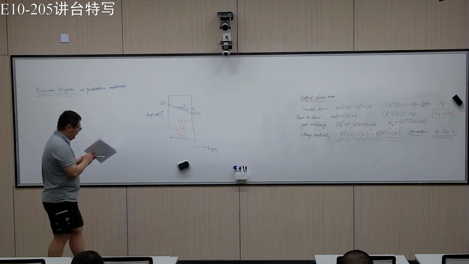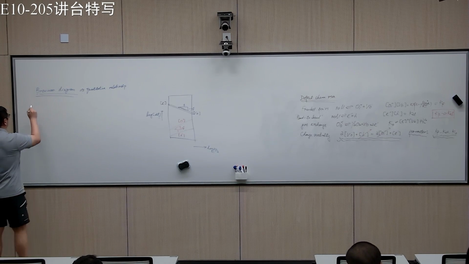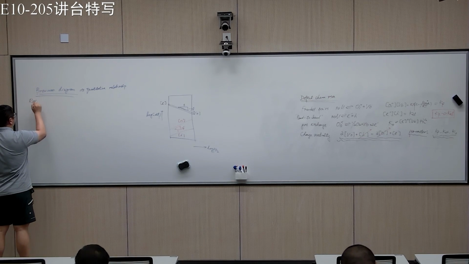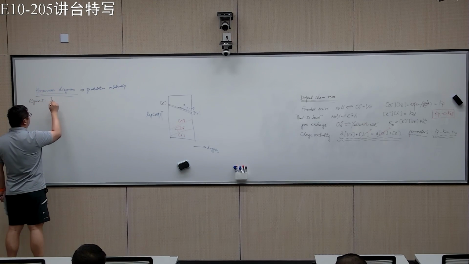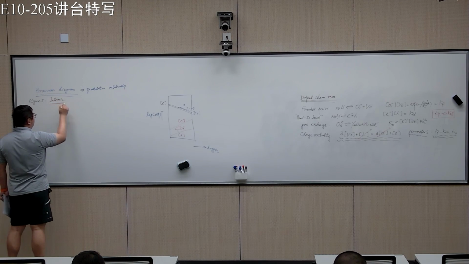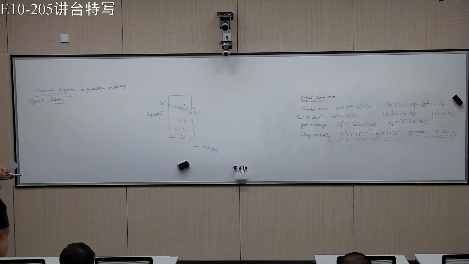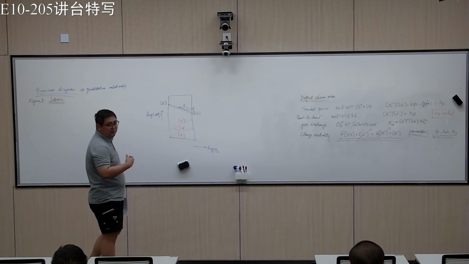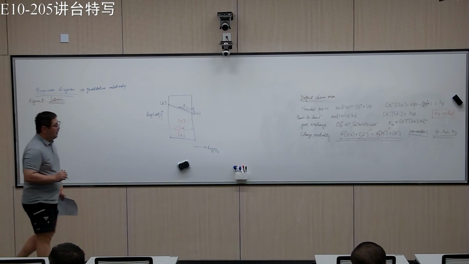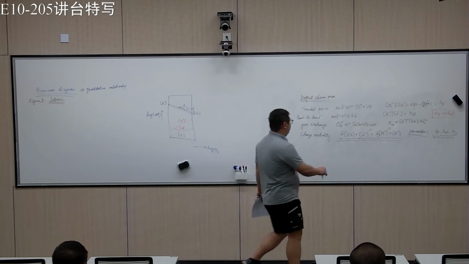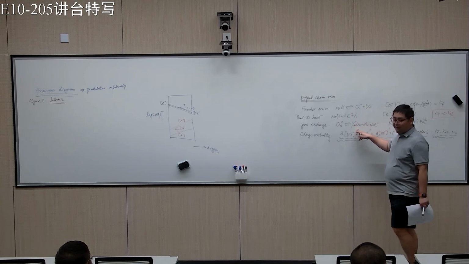So we have another regime, number 2, which is called intrinsic. Intrinsic means that the PO2 is not too high or too low, which means that this reaction is not really going that far.